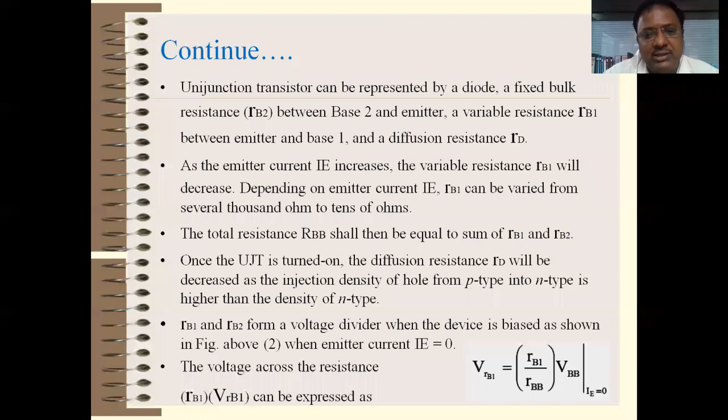So as your current increases, the resistance RB1, that is the resistance between base and emitter, decreases. That is varied. That's why it is shown as variable in your slide. The total resistance is called RBB, that is the addition of RB1 plus RB2. Once the UJT is turned on, the diffusion resistance RD will decrease as the junction density of holes from P type into N type is higher.